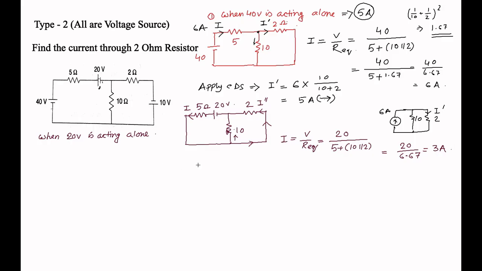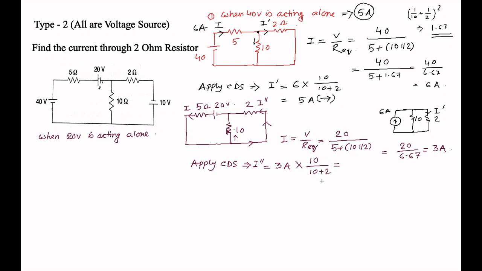Now again apply the current division rule to find I double dash. I double dash is what? The total current 3 ampere flowing through it, into 2 and 10 which are again in parallel. You have to find the current through 2. So 10 becomes the numerator and 10 plus 2 the denominator.